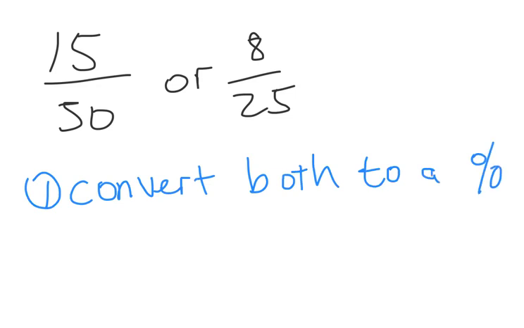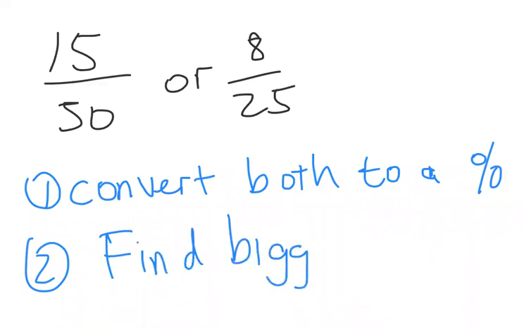And once you see the percentages, then you find the bigger one. Find the bigger percentage. So first convert both to a percentage, and then secondly, find the bigger percentage.